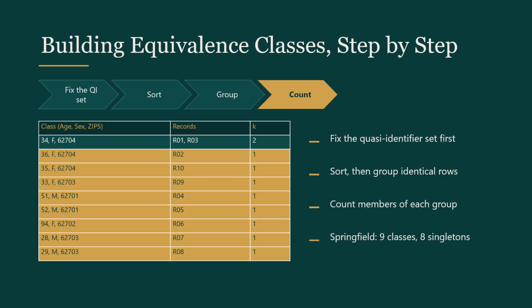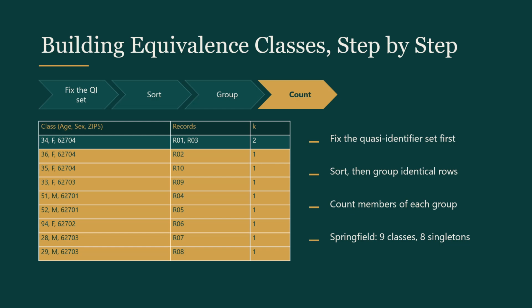R05, 52, male, 62701, alone. R06, 94, female, 62702, alone. R07, 28, male, 62703, alone. R08, 29, male, 62703, alone. Count them up.